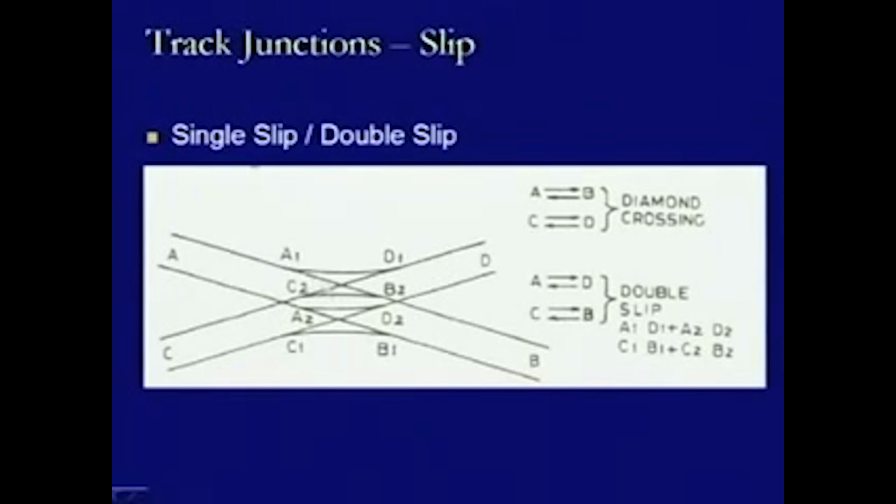So, we are providing a curved condition on this location and this location for A to D, and similarly for C and B connectivity like this and like this. So, two sets of two pairs of the curved lead rails are also being provided in this form, and that is why now there is a possibility of taking a movement in any of the directions. So, the restrictions associated with the diamond crossing movement have been removed or eliminated by using a double slip.